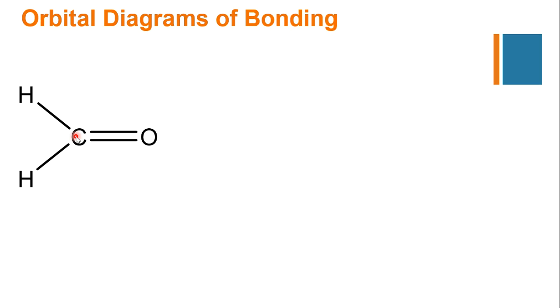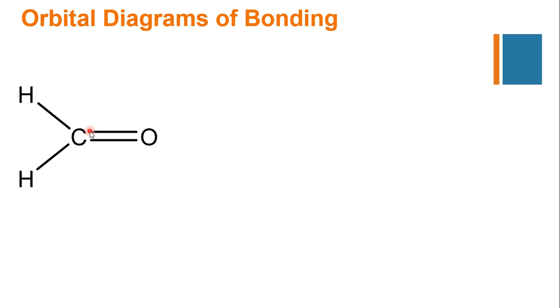When we talk about multiple bonds, so double and triple bonds, the first one will always be a sigma bond or a single bond. So here's a sigma bond with oxygen. And the second bond, or third if it's a triple, will be our pi bonds. So we've got sigma, sigma, sigma, and then this guy up here would be pi.